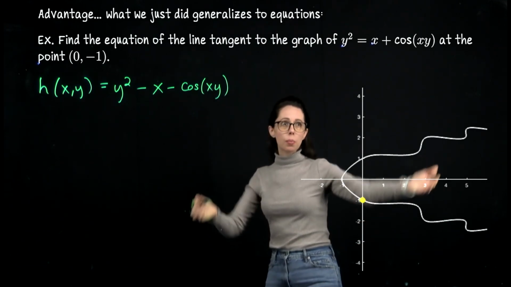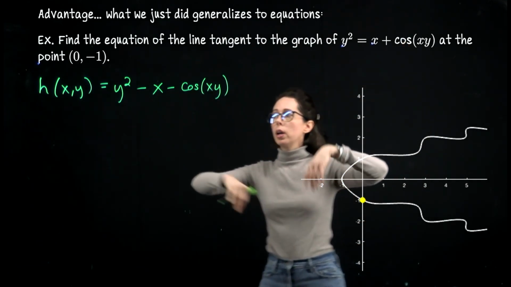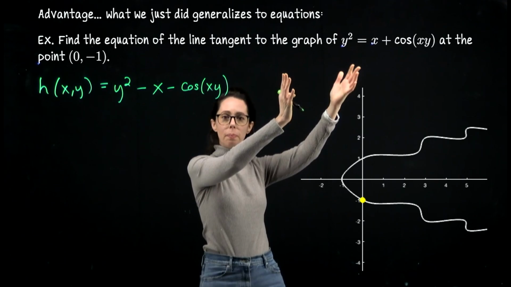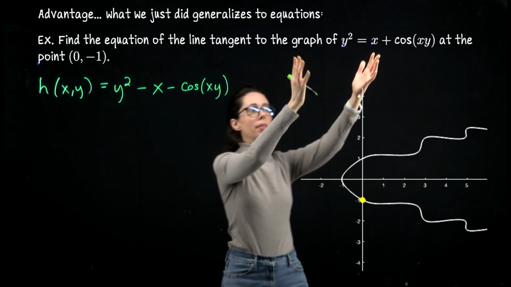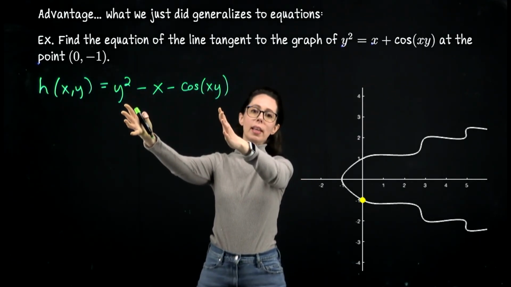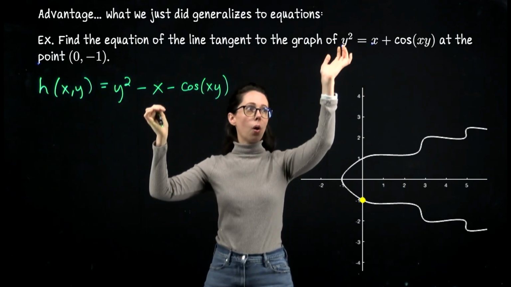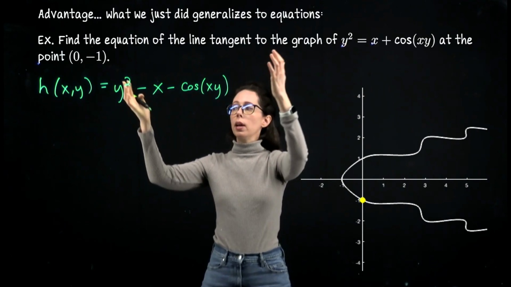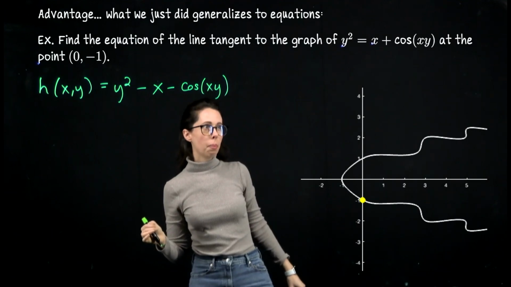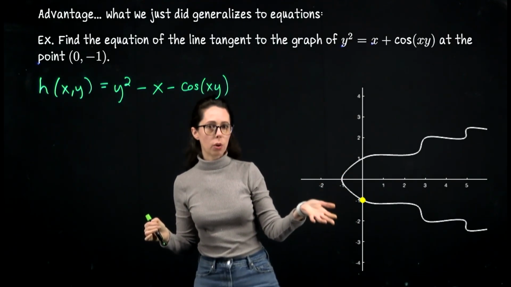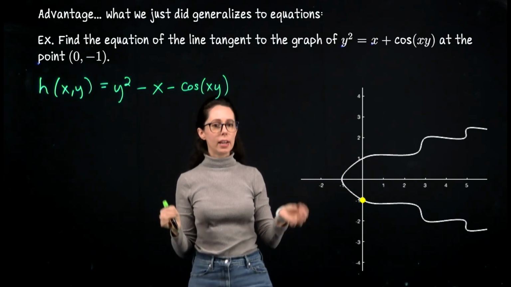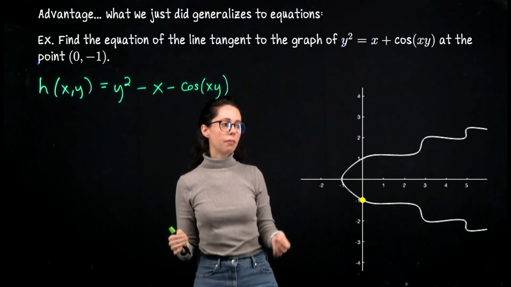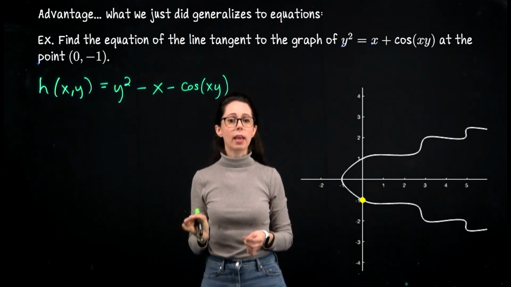Okay, so all of the points which make this equation true, if you took the xy values from the points that make this equation true and plug them into this right-hand side, you would get 0. So all of the points that make this equation true form the level set h equals 0. In other words, the graph of this equation is the graph of the level set h equals 0. And we know the gradient of h is going to be perpendicular along that level set.